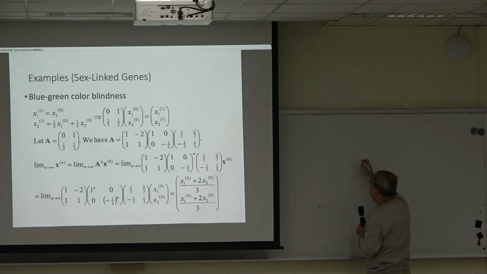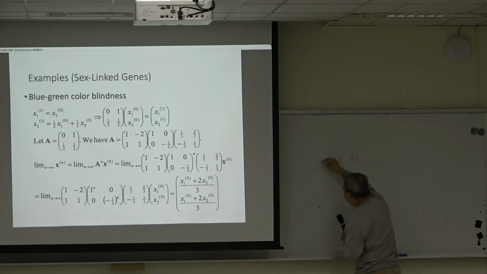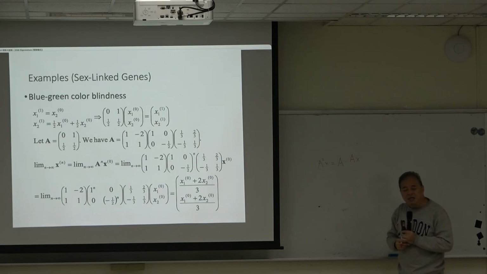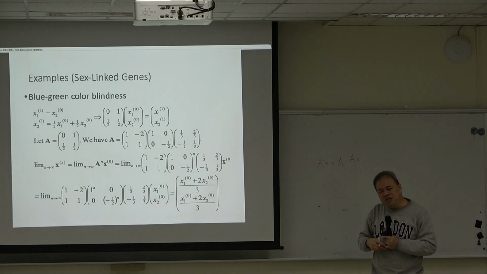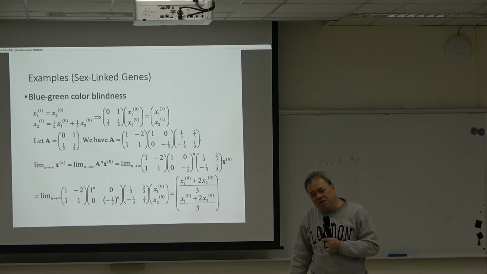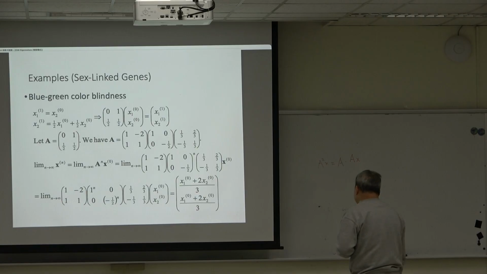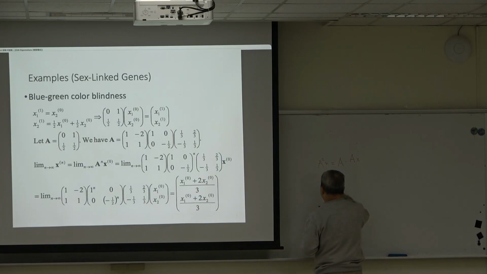If the current state is x, the next state is Ax, and the next state obviously is A times Ax, right? So which will be A squared x. Okay, so if after many generations, what will be the outcome? The result. So we care about A to the infinity.